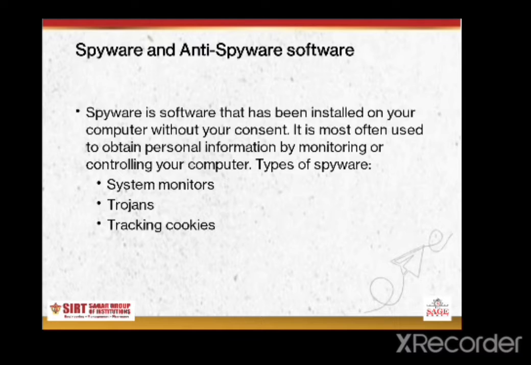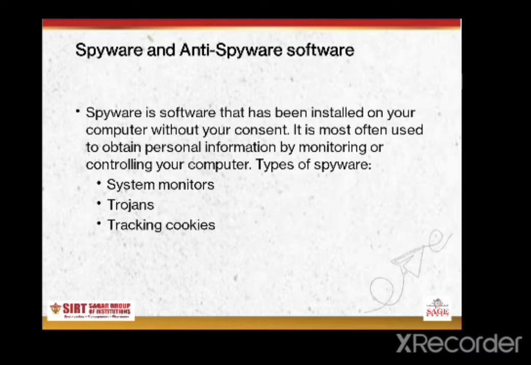It is most often used to obtain personal information by monitoring and controlling your computer. So spyware is used whenever we work on a system or whenever I use mobile phones. The spyware program records all the things that I do, and by using my behavior, how I use my system, they will provide me some advertisements. They will also watch what I'm doing. So this is how spyware works.